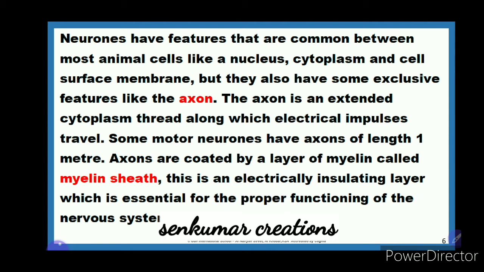But they also have some exclusive features, like the axon. The axon is an extended cytoplasm thread along which electrical impulses travel. Some motor neurons have axons with a length of 1 meter. Axons are coated by a layer called the myelin sheath. So in some organisms the length of the axons may be 1 meter.